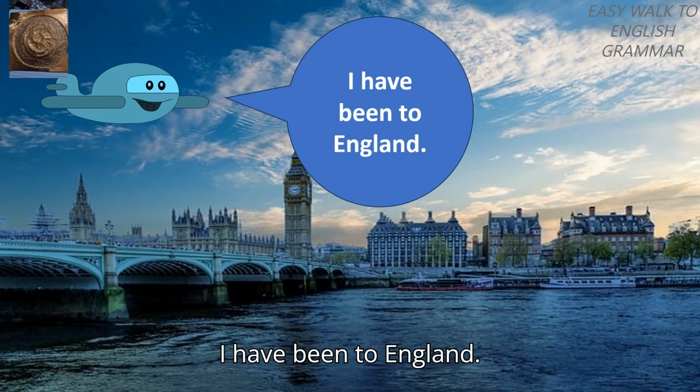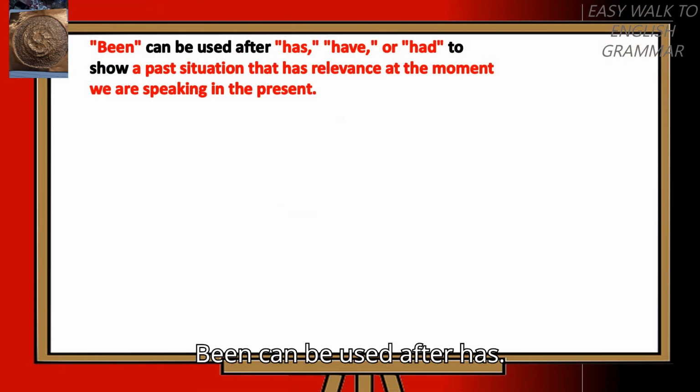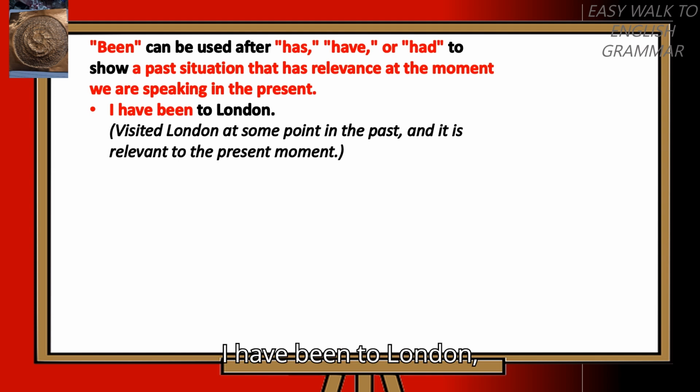I have been to England. Been can be used after has, have, or had to show a past situation that is relevant at the moment we are speaking in the present. I have been to London.